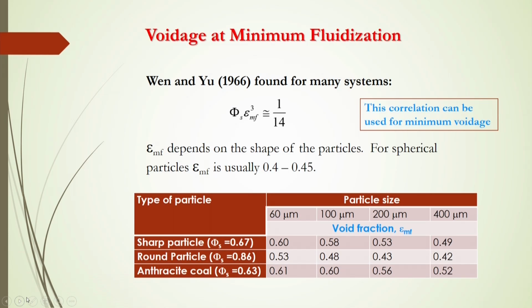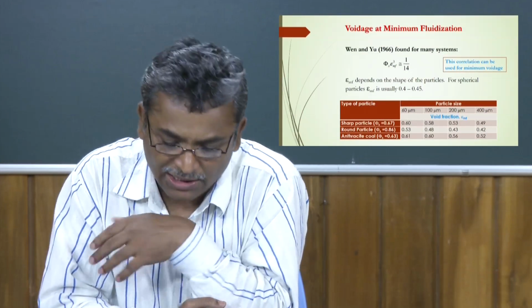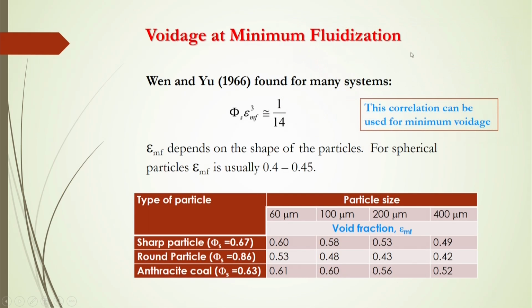How to calculate this epsilon mf? You can consider it from the packed bed condition. Otherwise, you can directly use the equation given by Wen and Yu 1966, that is phi s into epsilon mf cube equals 1 by 14, from which you can calculate the minimum porosity or minimum voidage.